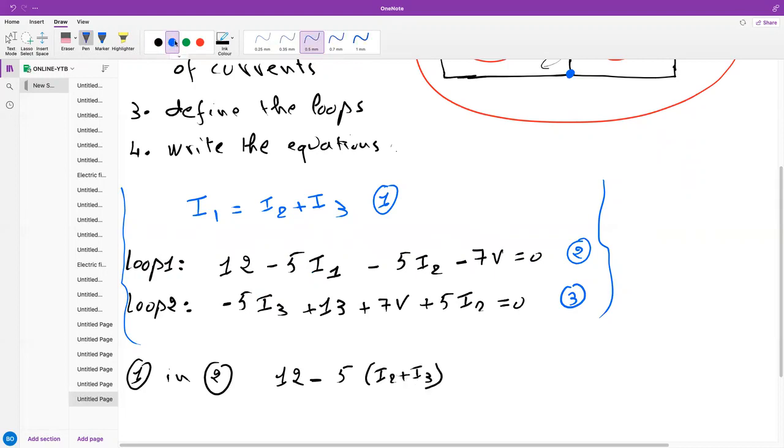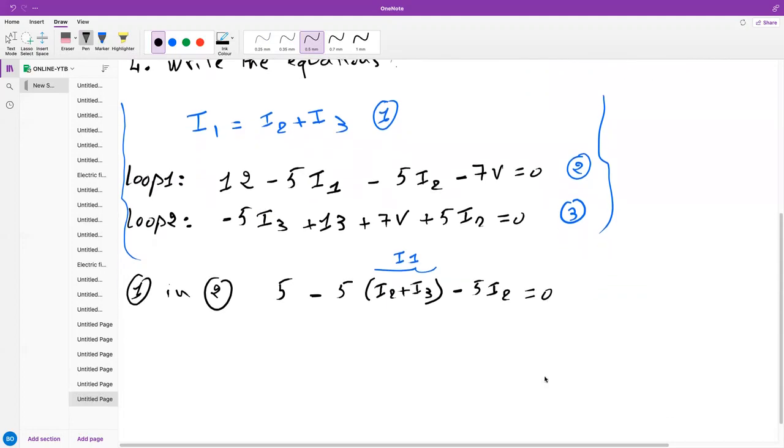So 12 volt minus 5 times I2 plus I3. Here, what I did is replace I1 by its value. Minus 5 I2 minus 7 volt. 12 minus 7 will give me 5 volt. So 5 minus 5 times I2 plus I3, minus 5 I2 is equal to 0.